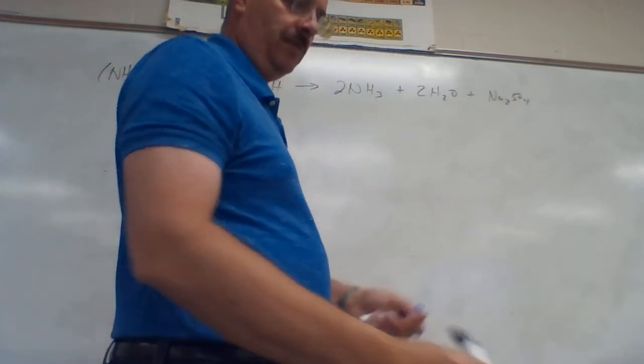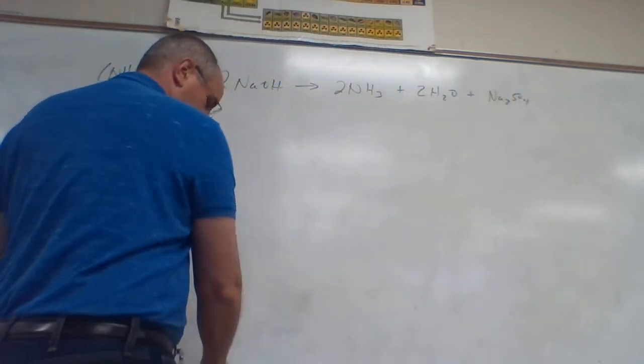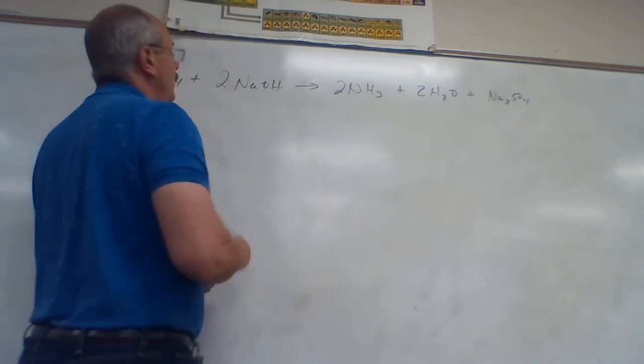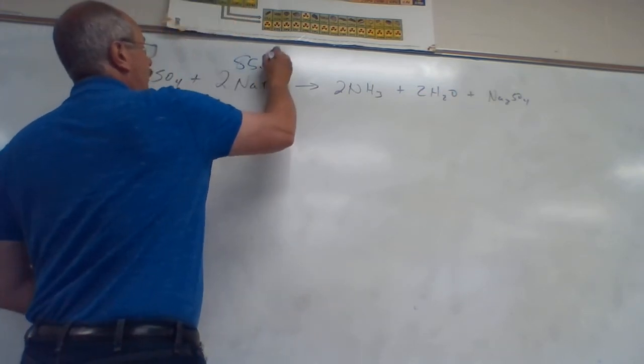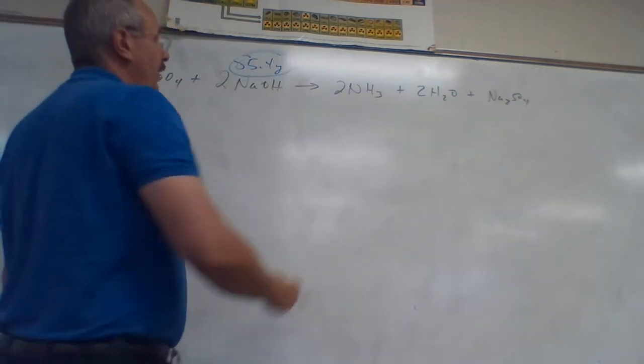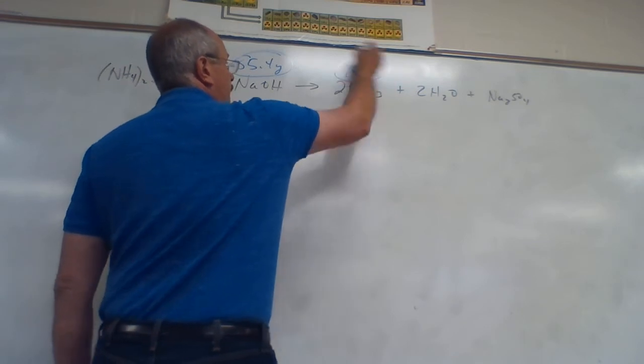All right, so there's my balanced equation. Then we have that we were given 85.4 grams of this guy. And we want to find out X liters of that one.